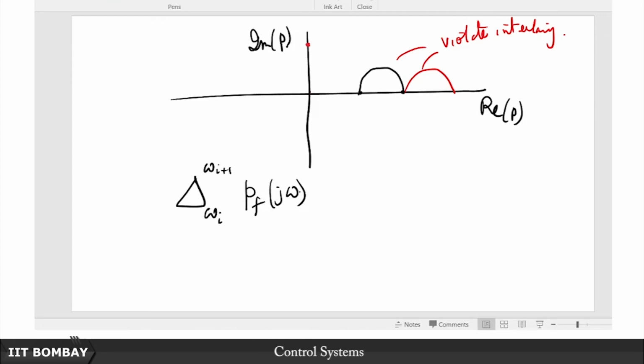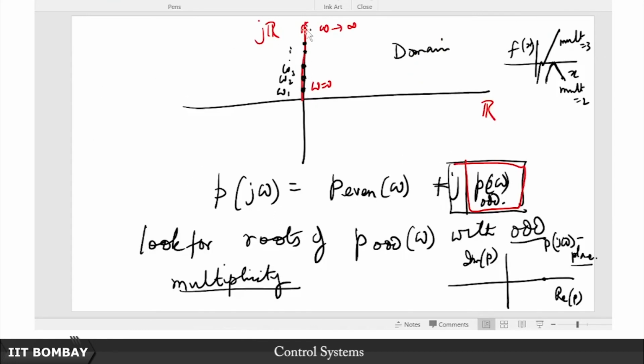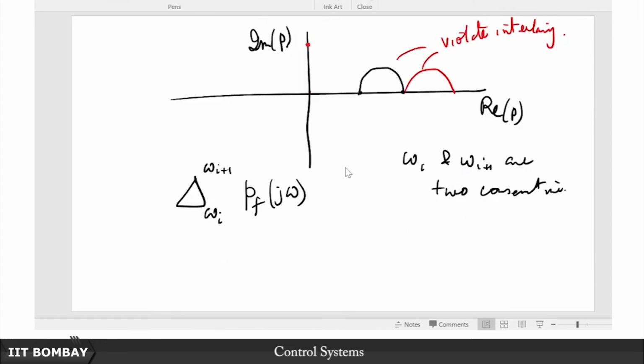Notice, what are omega i? Omega i and omega i plus 1 are two consecutive zeros. What do you mean by consecutive? Consecutive means as you go up this imaginary axis there is an ordering, one is greater than the other. So when I say consecutive, if you go up, you encounter omega i, and between omega i and omega i plus 1 you do not encounter any other root of odd multiplicity of the imaginary part.